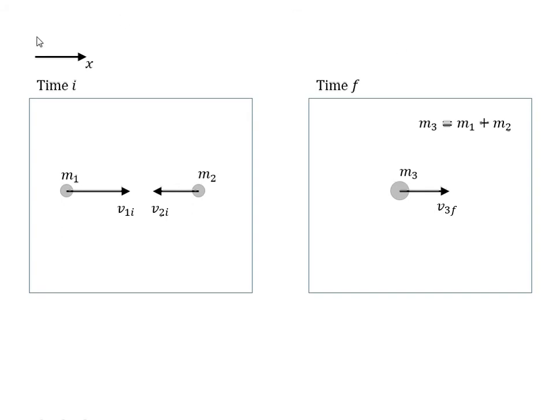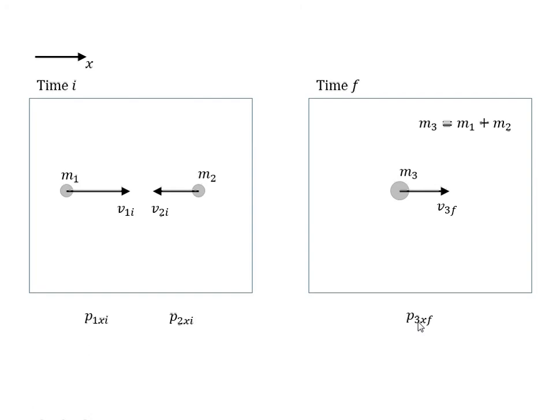When we do put concrete numbers in, of course, here we have our positive direction specified. I'm going to let to the right, as I usually do, be the positive direction. Collisions are all about conservation of momentum. We need to look at the momentum of each object: the momentum of object 1, of object 2, and of object 3.